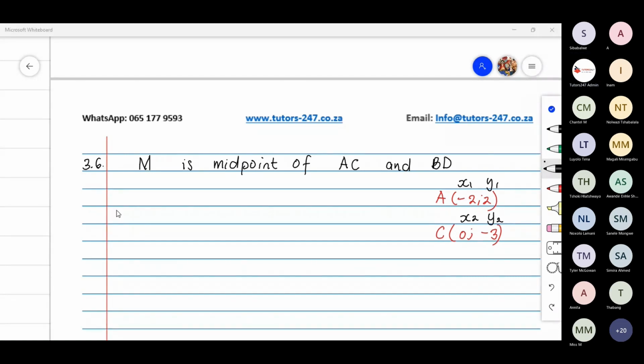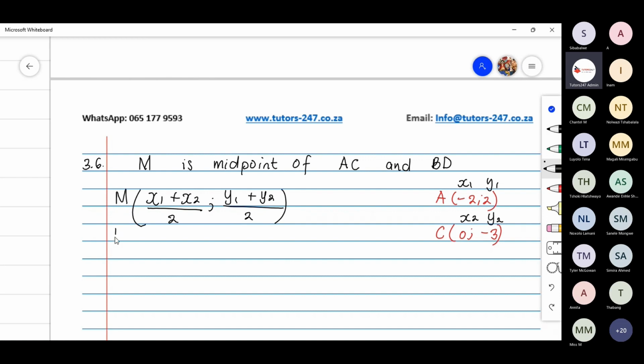Okay. So the formula is M, you don't put an equal sign because remember when you're writing your coordinate it is the letter and a bracket. There's no equal sign in between. So ((x1 + x2)/2 ; (y1 + y2)/2).